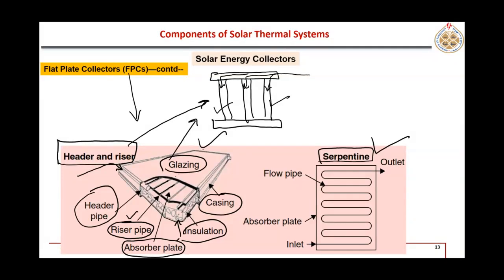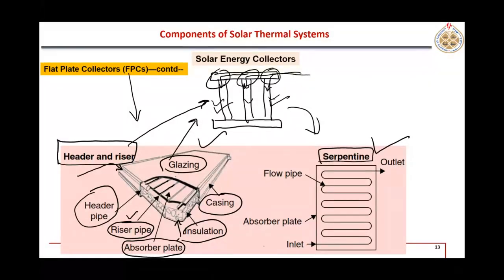But in these header and riser types, there will be uneven flow distribution. Each pipe will not be receiving the same amount of m dot, because of this header and tube design, the fluid is not evenly distributed. So that's why we have another design.